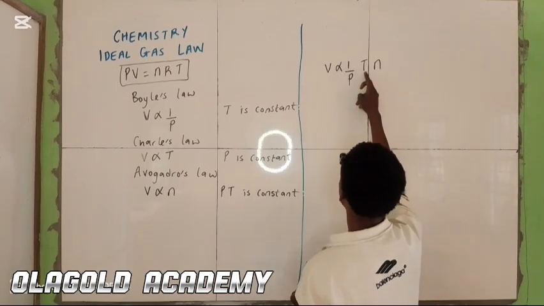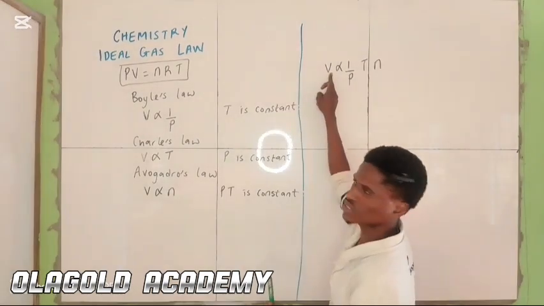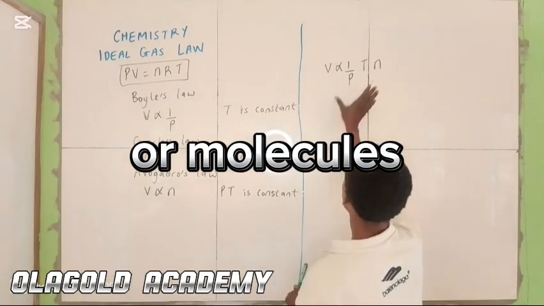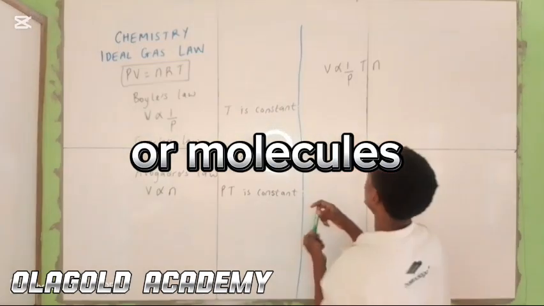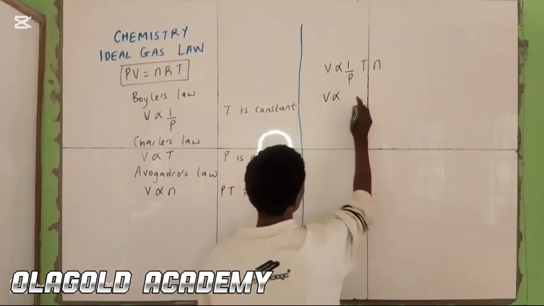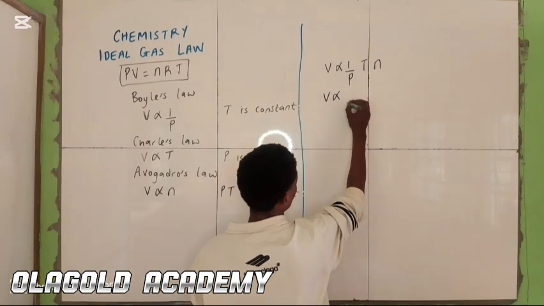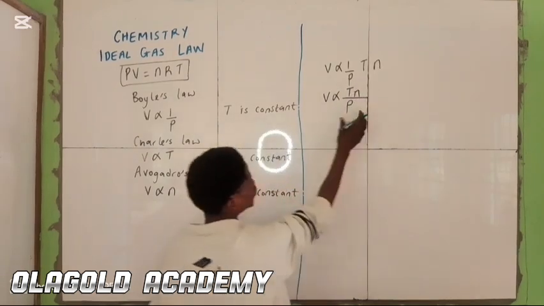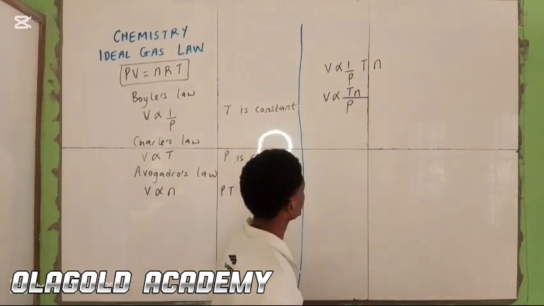Volume is direct to temperature. Volume is direct to number of moles. From this, we can have it that V is inverse to pressure and direct to temperature and number of moles.